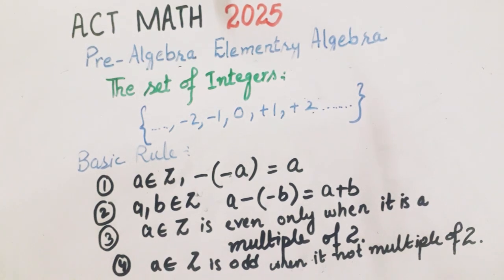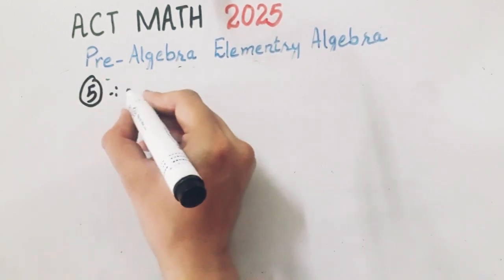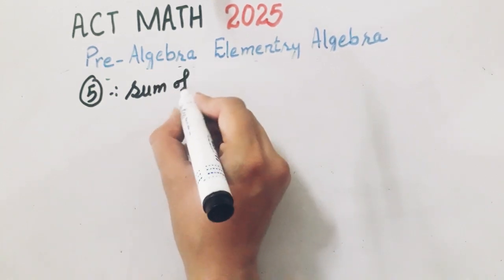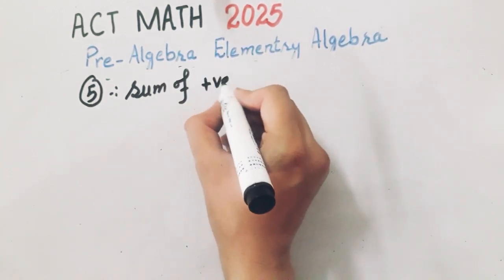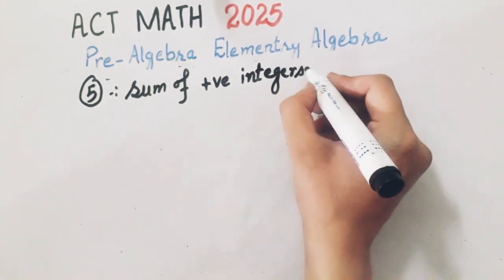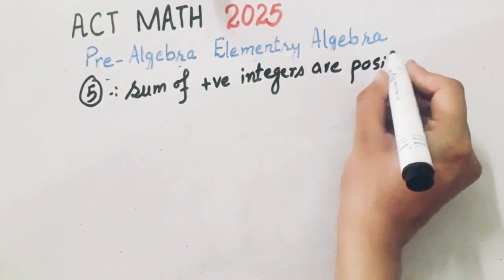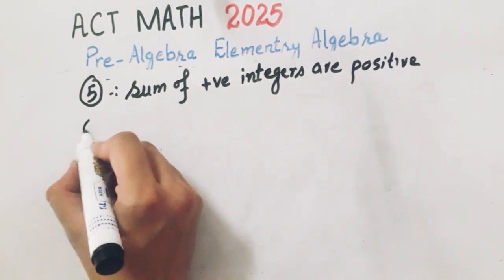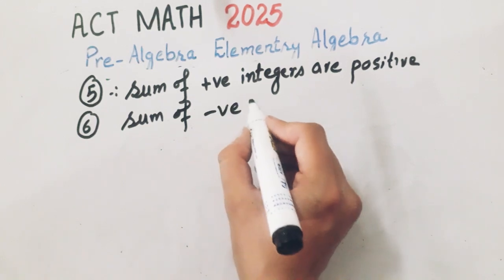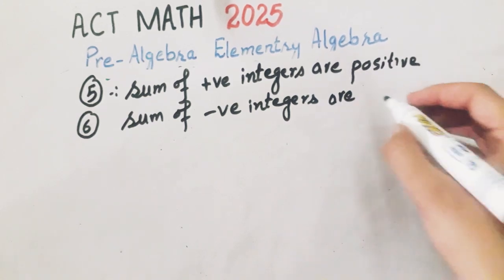Now rule number 5 is that the sum of positive integers is positive. Rule number 6 is the sum of negative integers is negative.